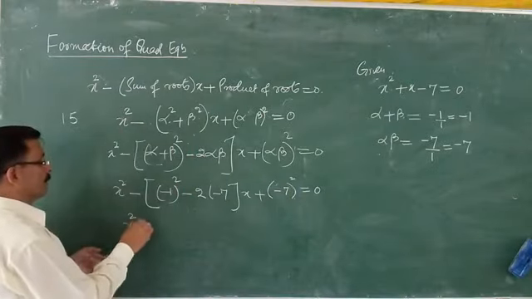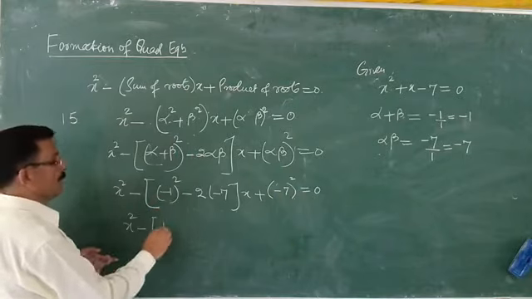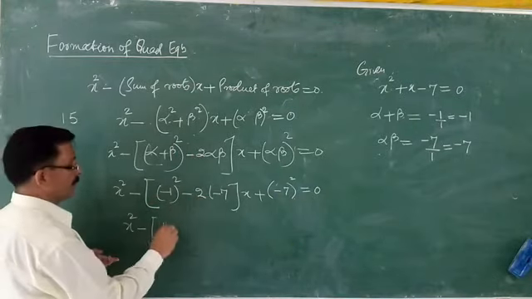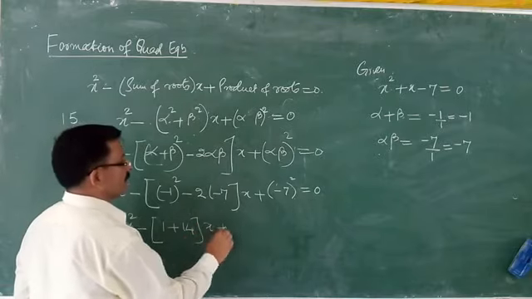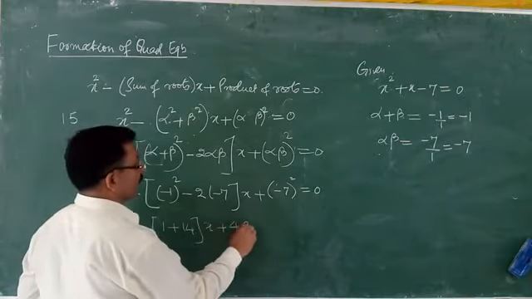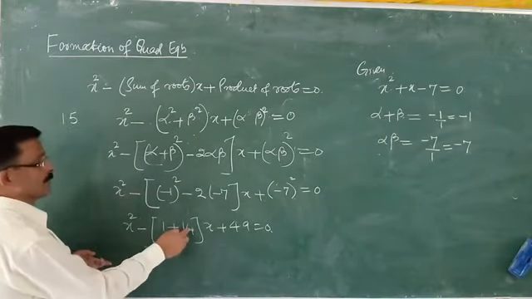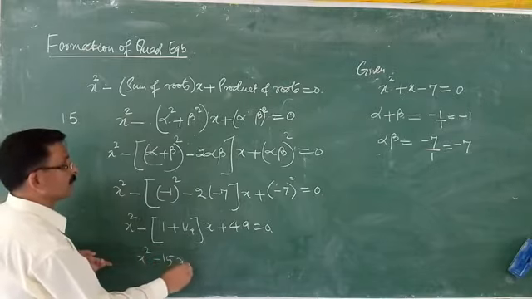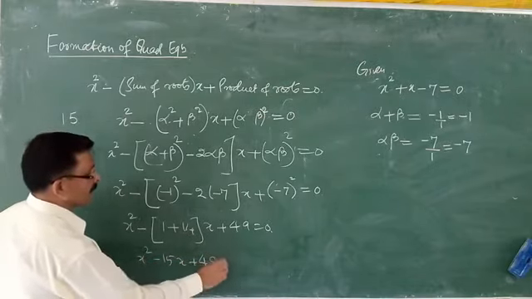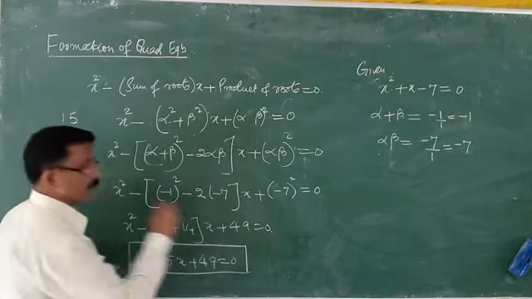So x square minus, this is positive 1, this also becomes positive 14, bracket close, x, and this becomes positive 49, is equal to 0. And finally x square, 1 plus 14 is 15, minus 15x plus 49 is equal to 0. This is your quadratic equation.